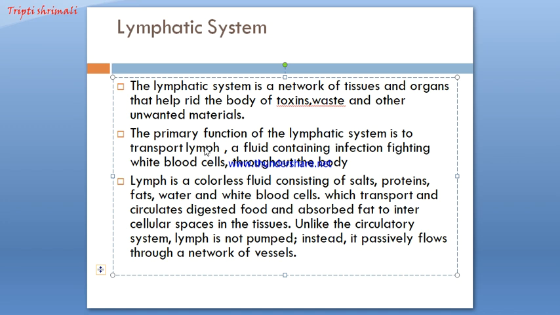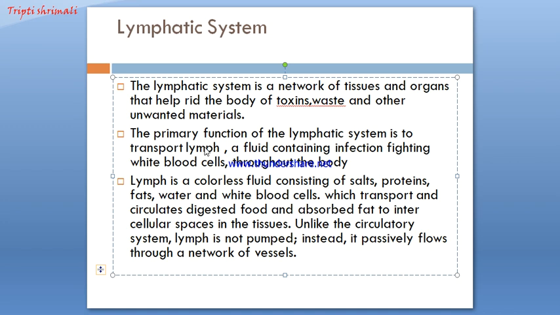Now, what is lymph? Lymph is also a fluid. We say this is a fluid connective tissue which contains infection fighting white blood cells throughout the body. So, lymph is produced from the blood only, right? You understand that blood vessels are present, and on the blood vessels very tiny pores are present.